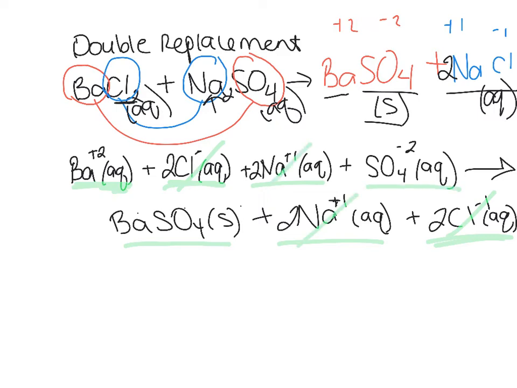SO4 negative 2 AQ is changing into SO4 S. So these are the things that are changing, and I want to write my complete ionic only with them. So to do that, I just literally copy it down.